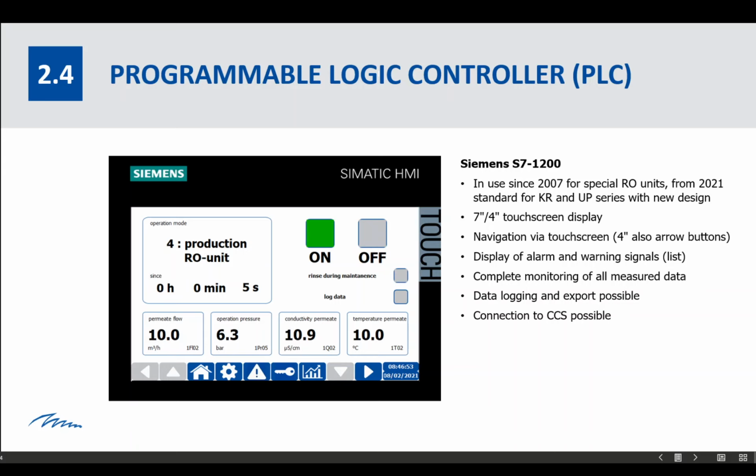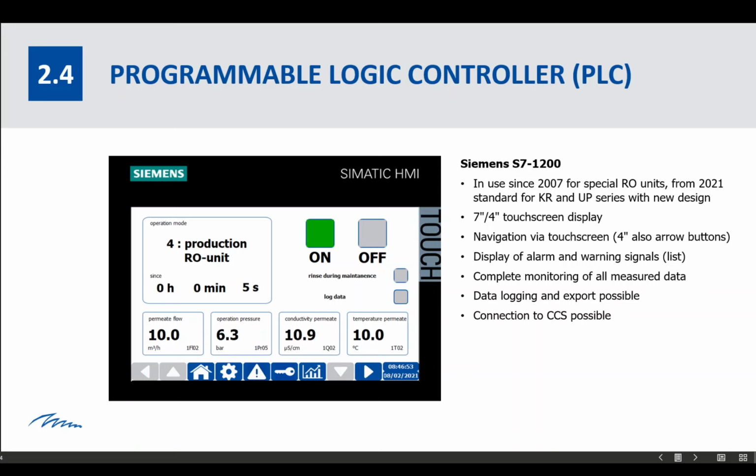The new one, the PLC controller from Siemens, has been in use since 2007, but only for special reverse osmosis units. From 2021, we started to have a new standard controller for the KR and UP series with the new design. We have two sizes of displays. It's either a 7-inch or 4-inch, and we navigate via the touchscreen, as you can see on the left side.